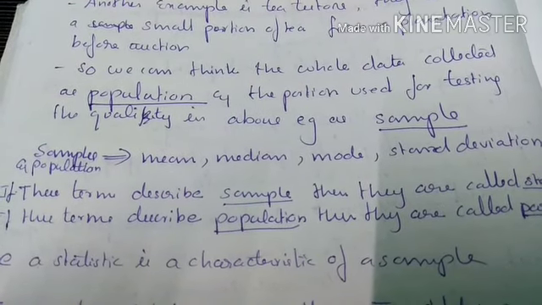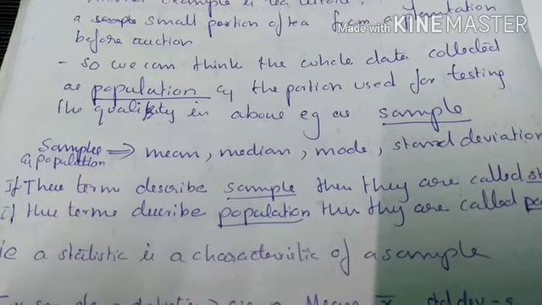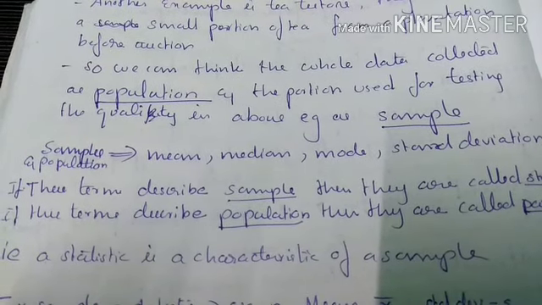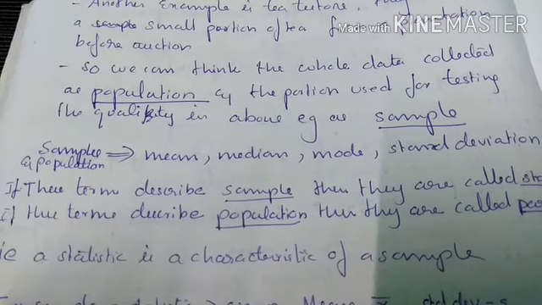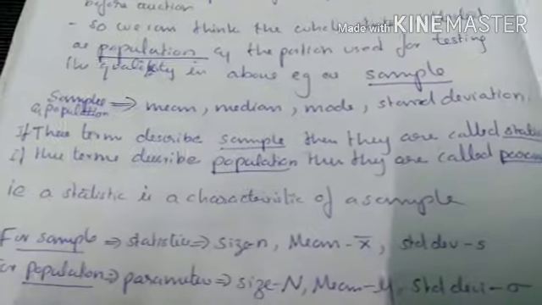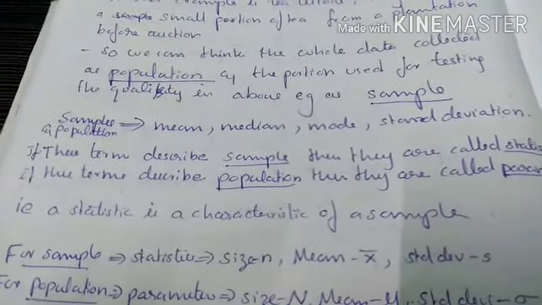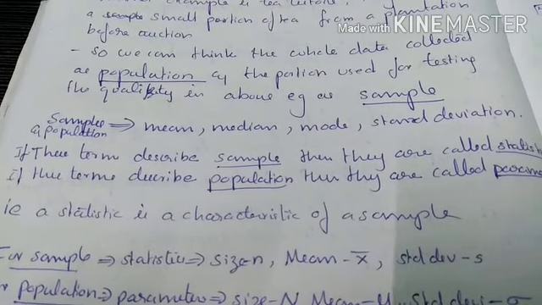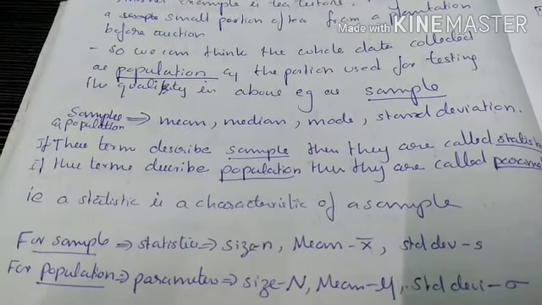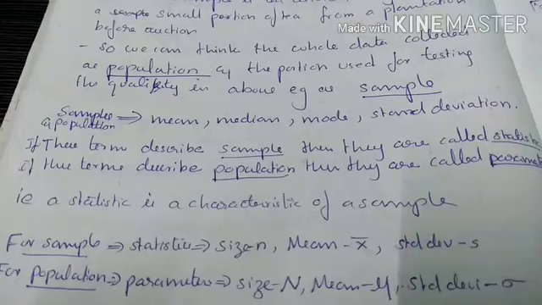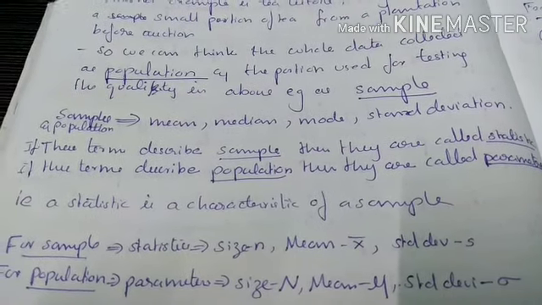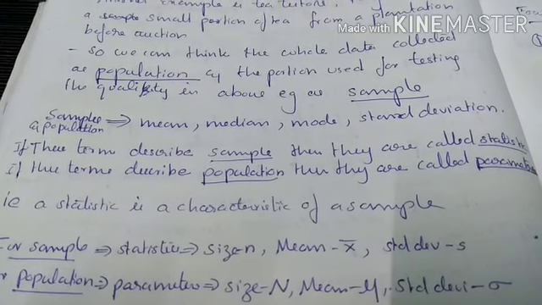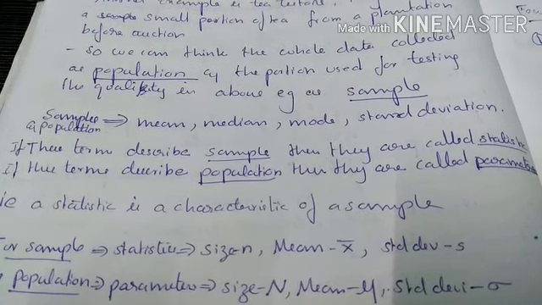So we can think of the whole data collected as the population, and the portion used for testing the quality in the above example as the sample. That's the difference between population and sample. Samples and populations both have mean, median, mode and standard deviation. If the terms describe a sample, then they are called statistics, and if these terms describe a population, then they are called parameters.